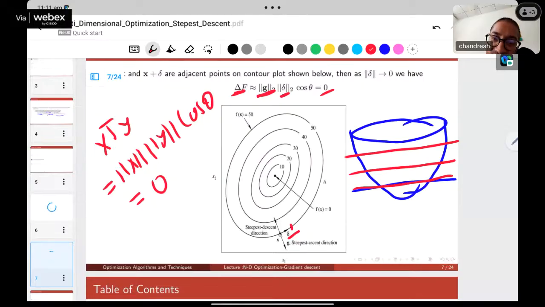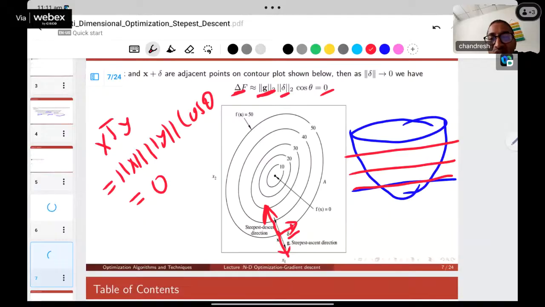If you see, this delta vector is here. So g will be either in this direction or this direction, orthogonal or perpendicular. Now you see this gradient. This g is our gradient and g is perpendicular to the contour line. That's the definition.